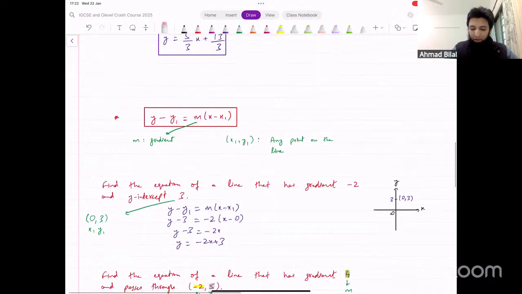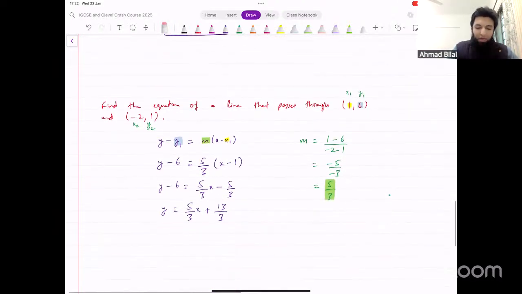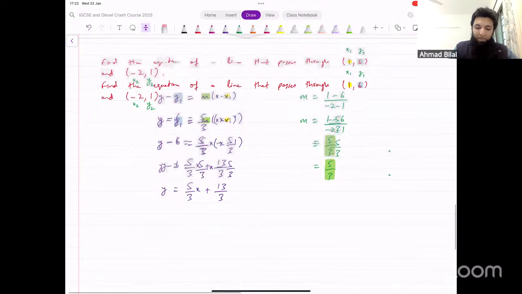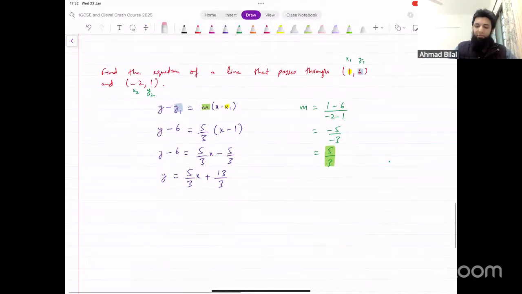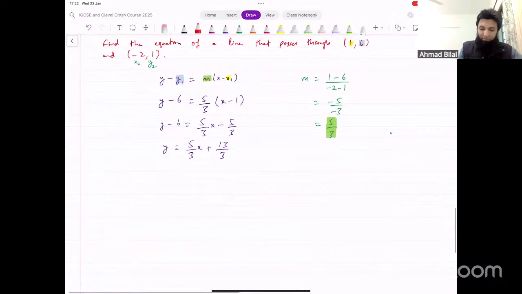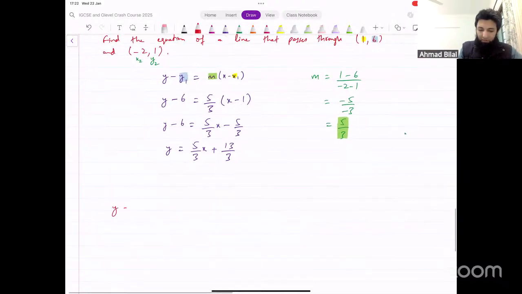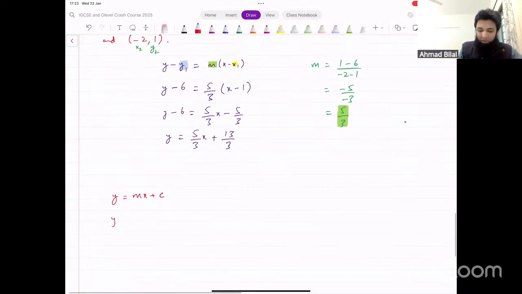So how do we know now which form to use in which cases? We have two forms. Number one, y equals mx plus c, and number two, y minus y1 equals m into x minus x1.